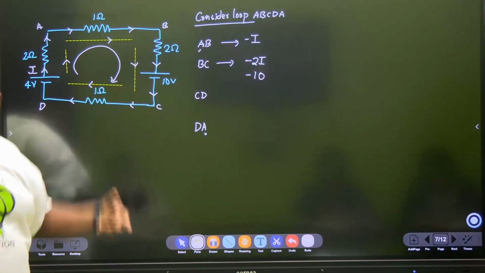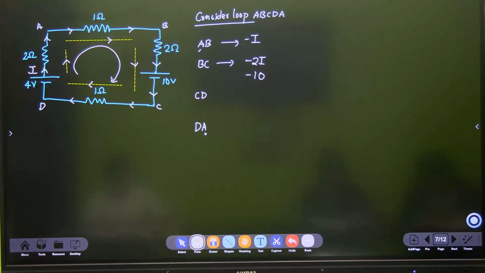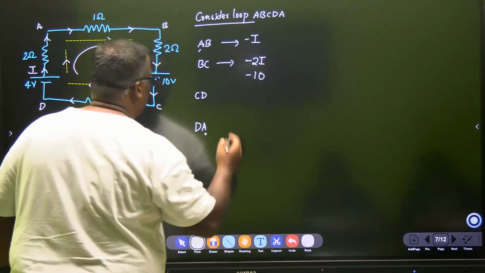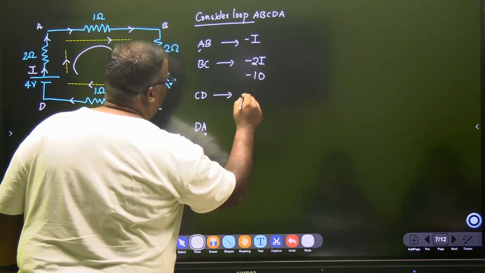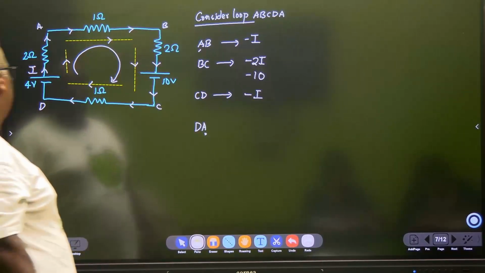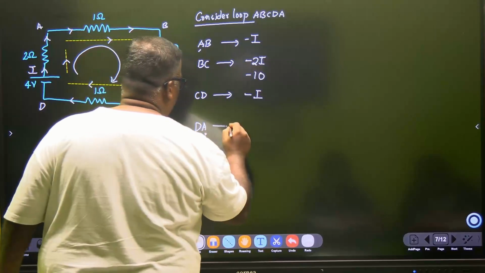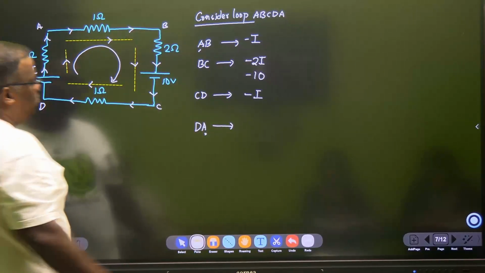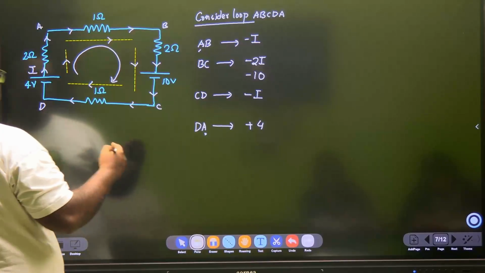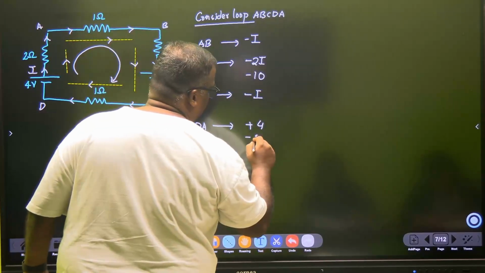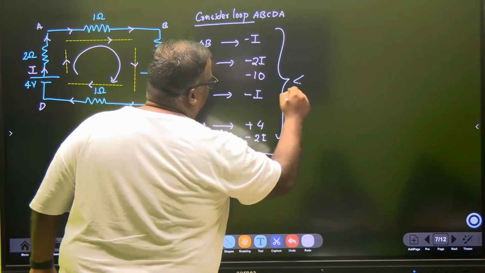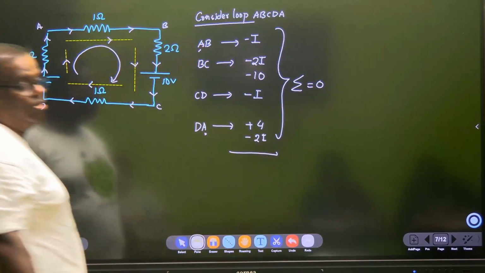Higher to lower, you're losing, you're draining. Then if you come to CD, what do you have? In CD, we have a negative I. And then when you're coming to DA, Zoe, now you have a build-up of plus 4 and you have a drop of how much? Minus 2I. And Kirchhoff's law says this sigma should be 0.